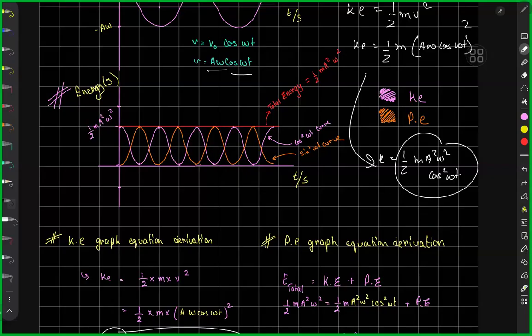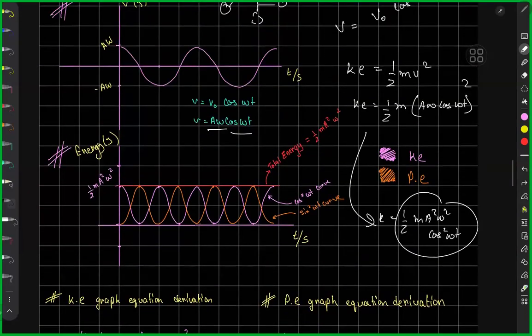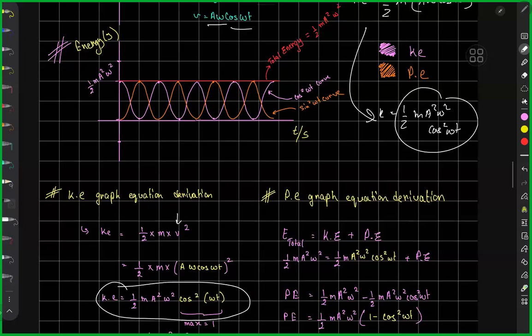So that is your kinetic energy with respect to time. How did we get this graph? We just derived it by plugging velocity into the equation, and we saw that kinetic energy varies with respect to time as a cos square function.